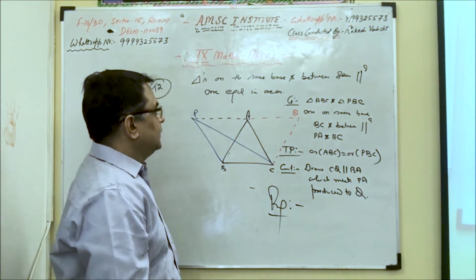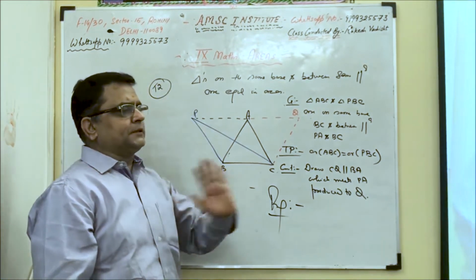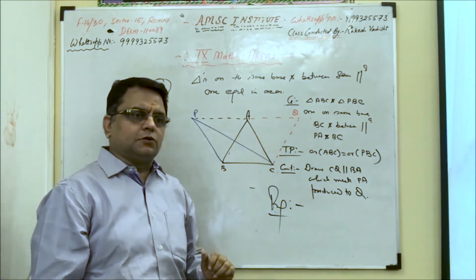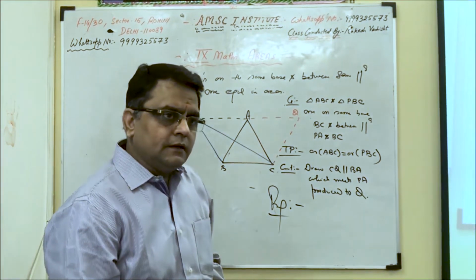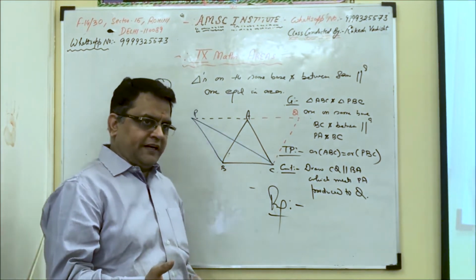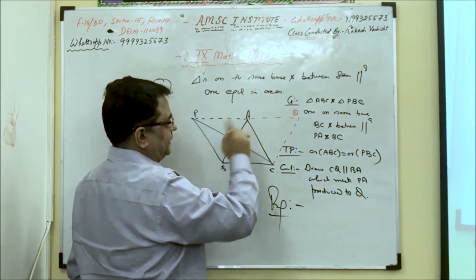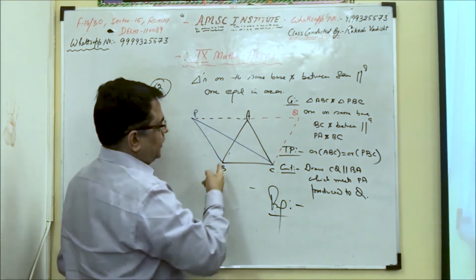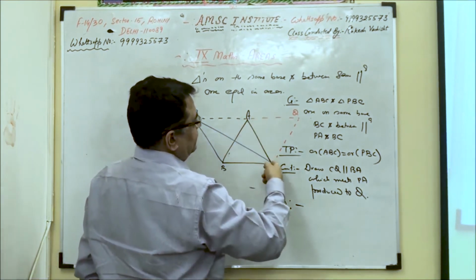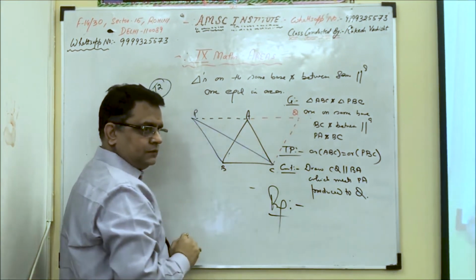Good execution. What is the purpose of creating this construction? मैंने CQ को parallel क्यों किया है AB के? Because my objective is to create another parallelogram. So what I did, I have taken BA, which is parallel to CQ.